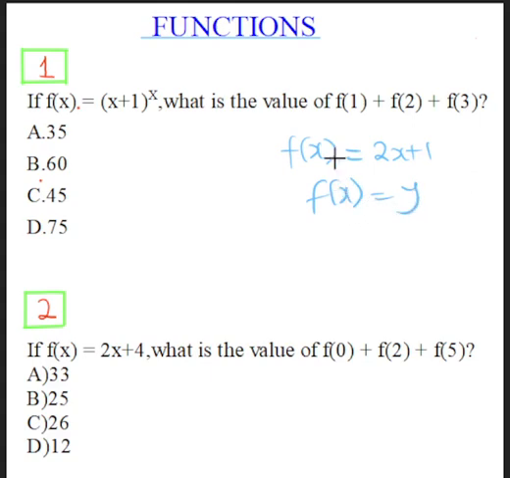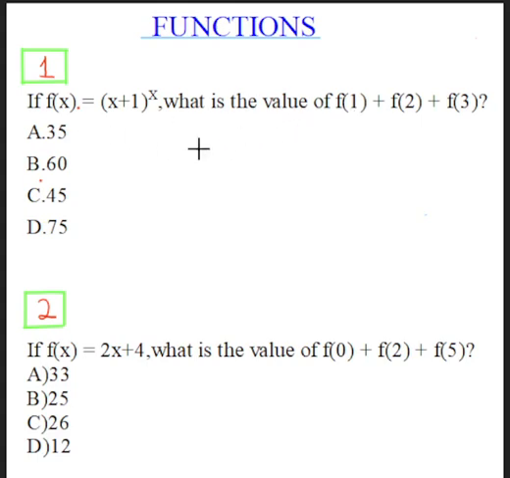What it means is that the y value is determined by the input x. So simply put, a function is a machine that accepts some form of value as input and gives an output of y, right?